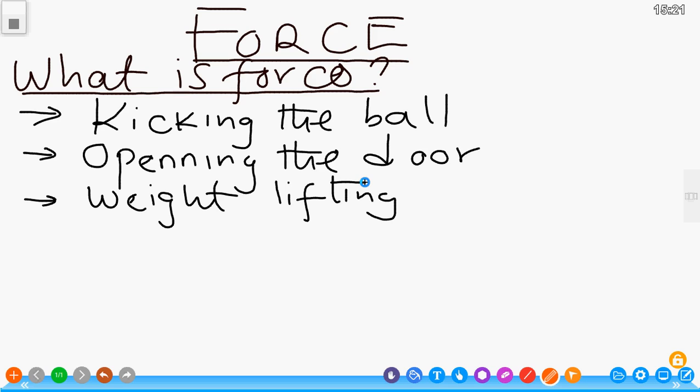All these activities we have mentioned involve the use of force. But therefore, what is force?